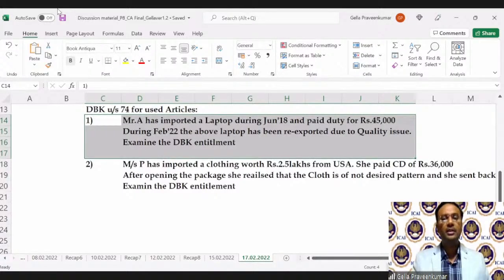For question number 2, give the reasoning. Geeta, assuming that there is customs duty paid, it is not one laptop, it is more than one laptop. I appreciate your point. Let us, for discussion purposes, say that this has been paid, subjected to duty.